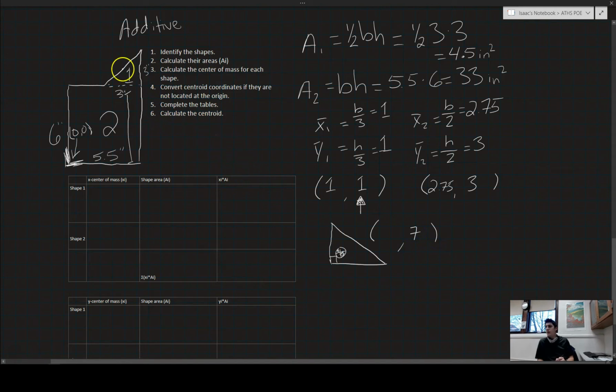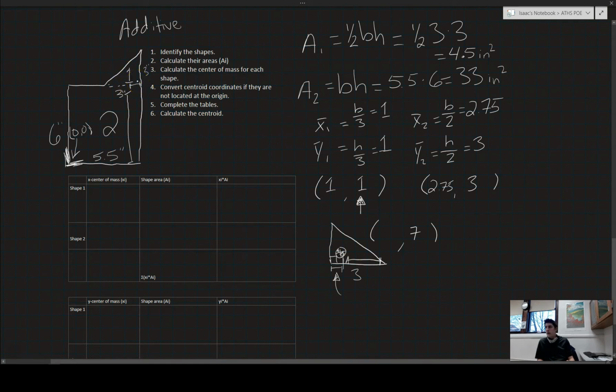To fix our x coordinate, right now it's 1. Our triangle has a base length of 3. So right now we've got this component, but we actually need to have the other part of that, because when our triangle is flipped around, this is actually on the right side instead of the left over here.